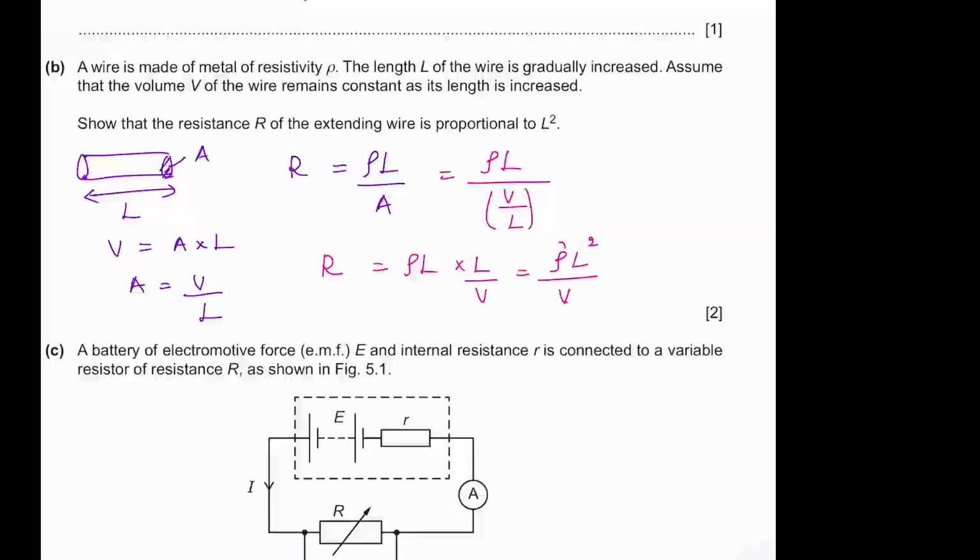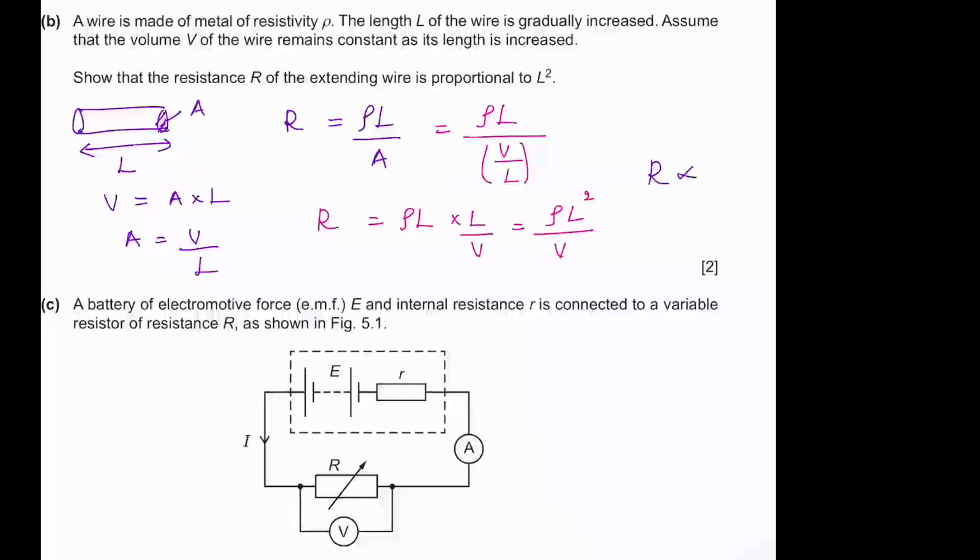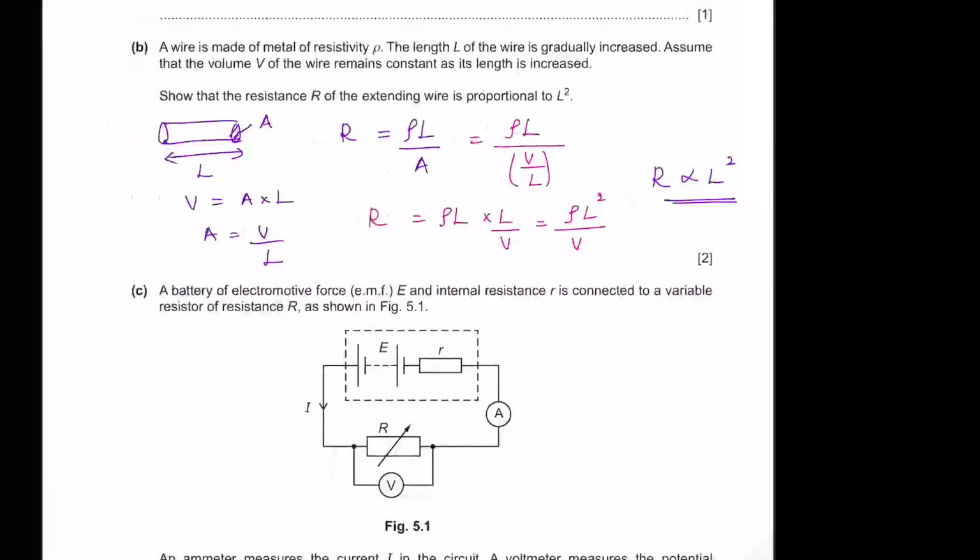So resistivity rho and V are constants, which means R is proportional to L square.